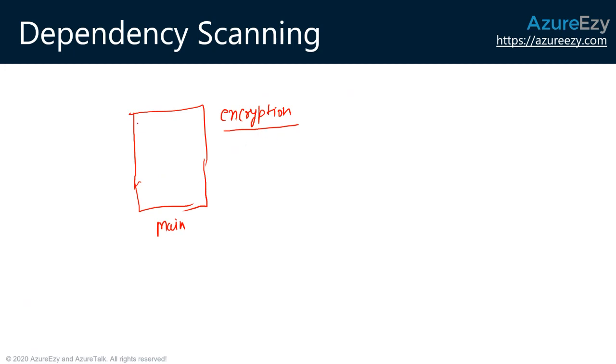One choice is that they implement the complete code end to end. They implement the complete encryption algorithm with C#, .NET, JavaScript, whatever code, and it will be part of their main application.